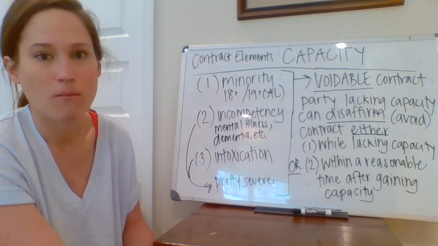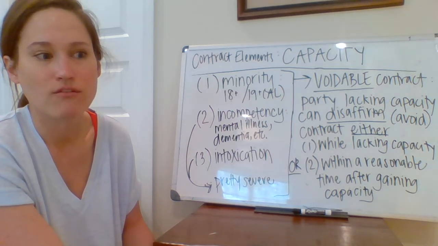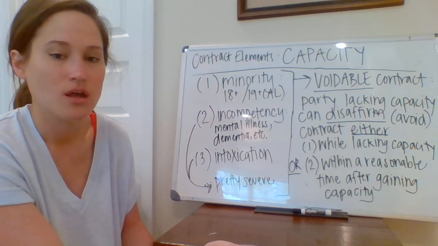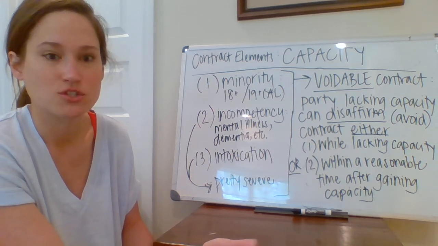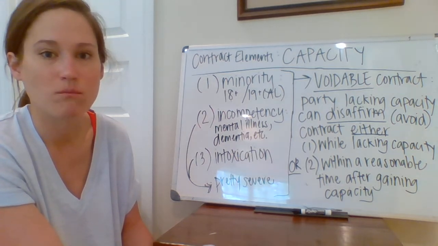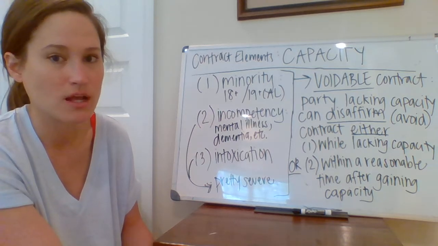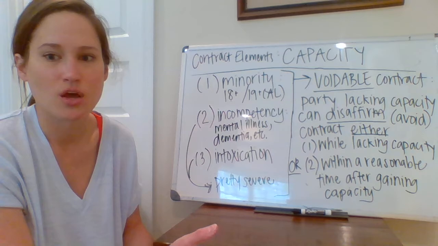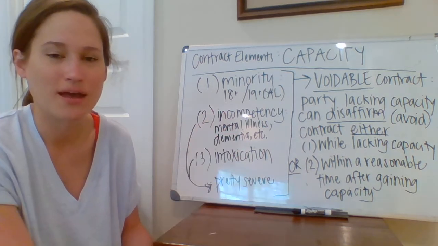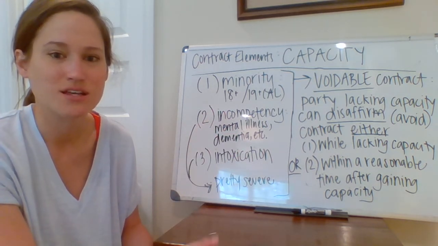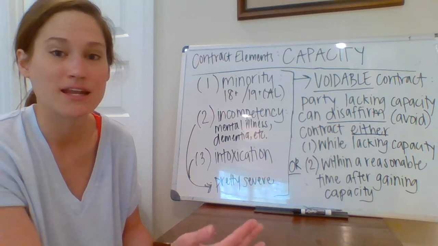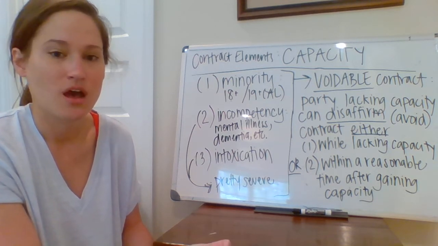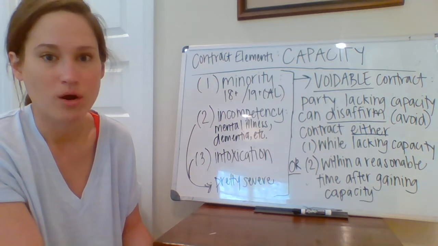If you have at any point rented an apartment, or had to sign a lease here in the state, I know a lot of students may move off campus before they turn 19. And when I'm in class, I'll always ask my students, hey, who in here had to sign a lease prior to turning 19 and had to get a parent or somebody to sign as an additional party?